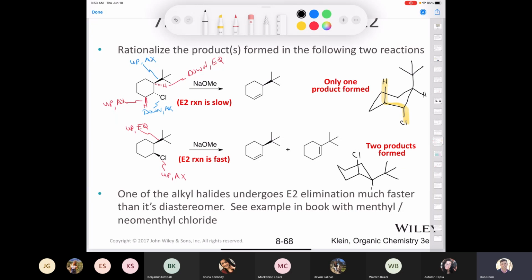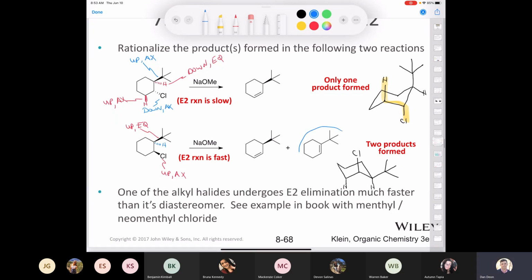I've got a hydrogen going down an axial here. I've got another one going down an axial here. So that means the proton that I'm writing in blue here can be abstracted to make this product. And then the hydrogen that's going down here, which would be this one, the one in green, can be abstracted to make this product. So that's the rationale.